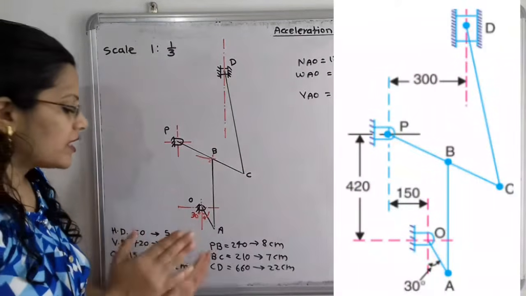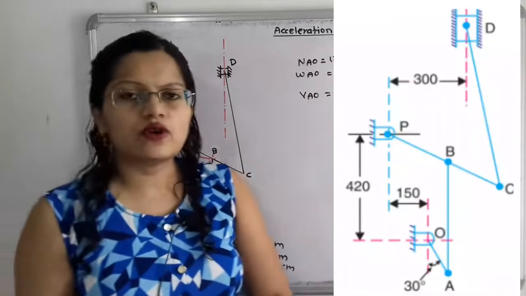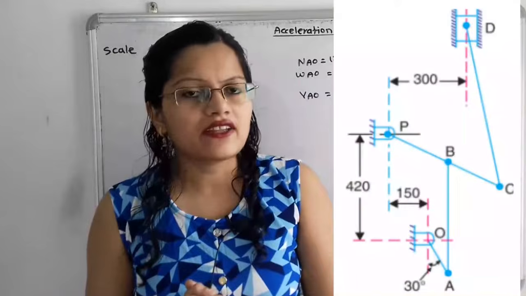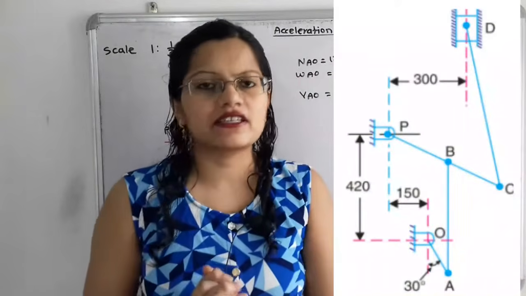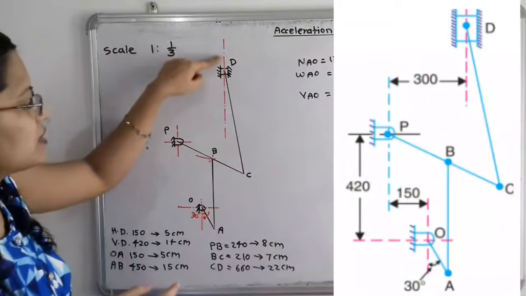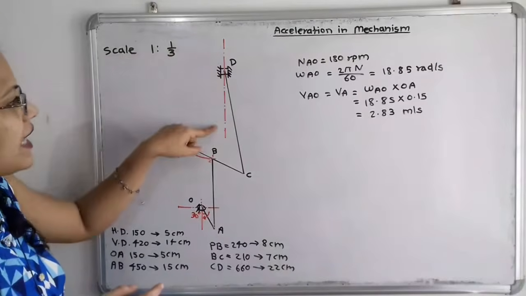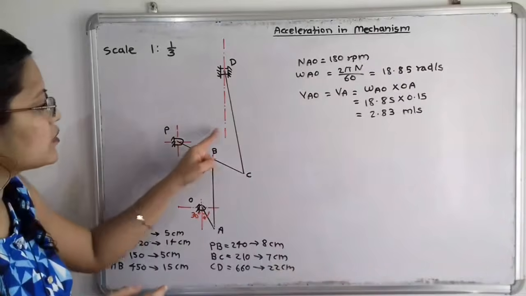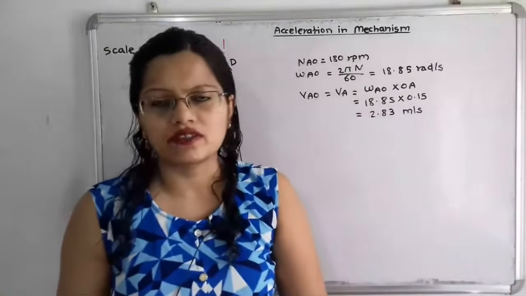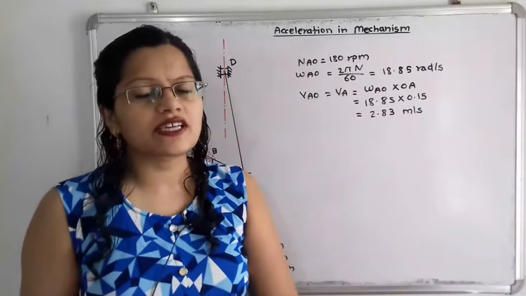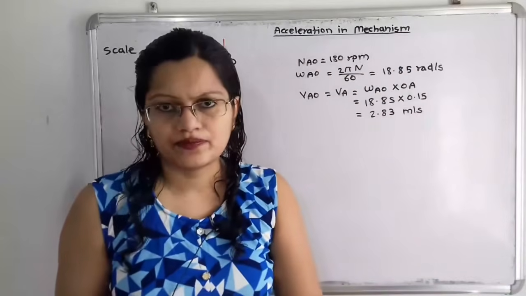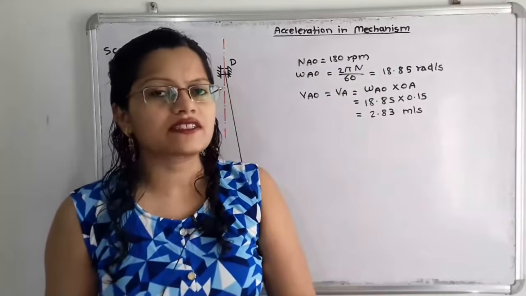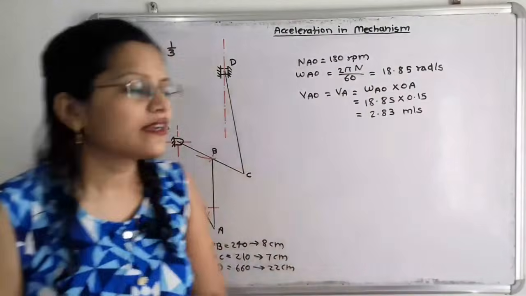Now there is the link CD. At point D there is the slider that is getting attached, and the vertical motion of the slider is given in the form of dash and dot. So here is the dash and dot line, and from this point P the horizontal distance is given as 300 mm, that means 30 cm. As per the scale, 30 divided by 3 is 10 cm.